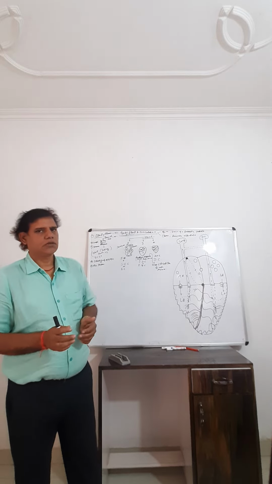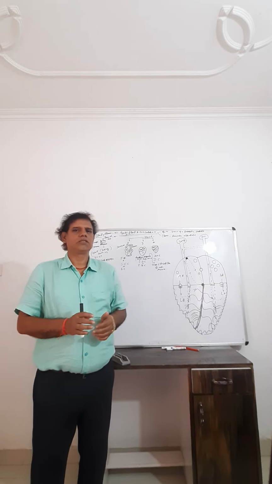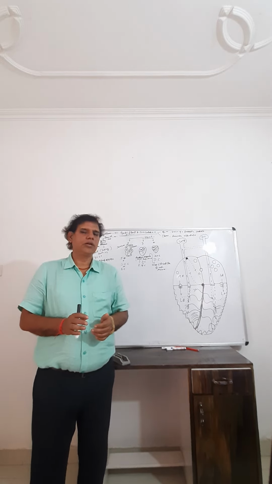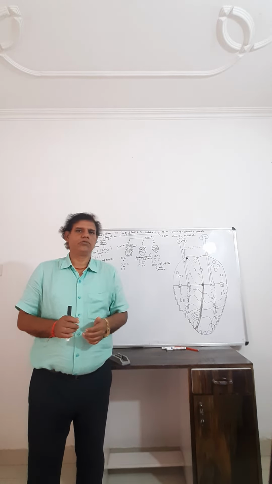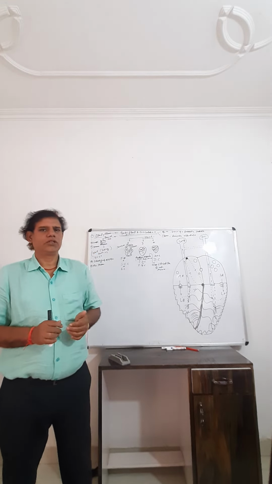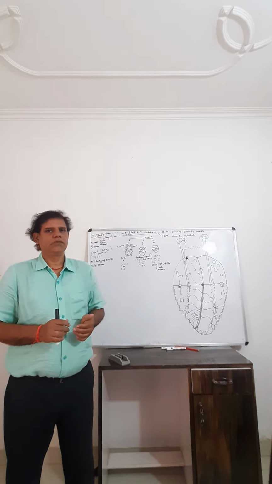Except calcium ion, which is factor number 4, all factors are mainly proteins synthesized in the liver, and they help in the formation of the blood clot, that is coagulum.